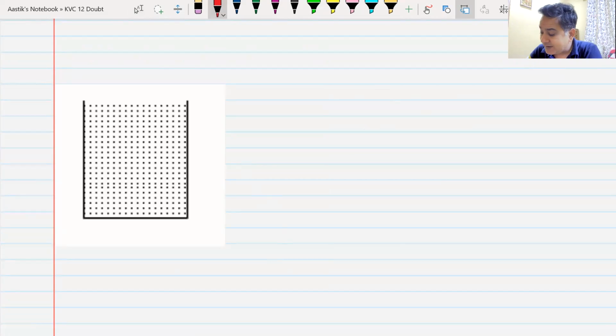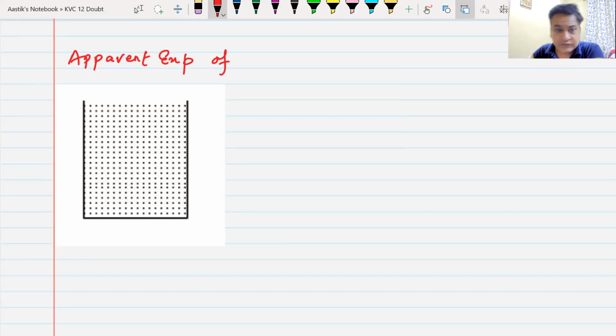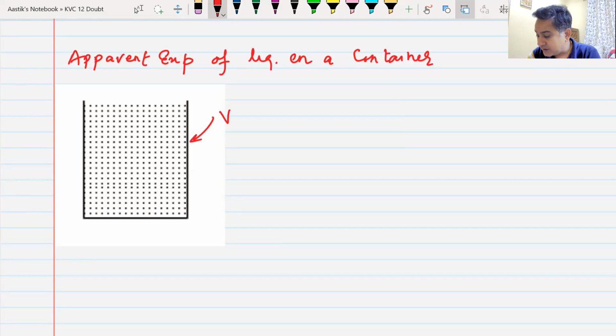The heading is apparent expansion of liquid in a beaker. This is a beaker. Let us say the volume of the beaker or the container is V0.